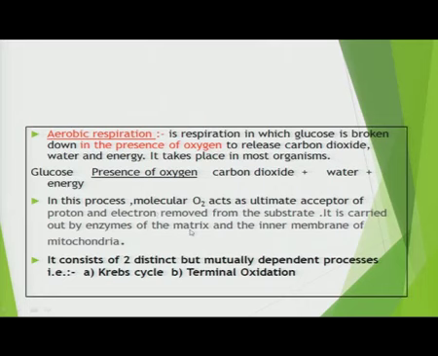In oxidative decarboxylation and glycolysis there is no involvement of oxygen, but in the Krebs cycle's terminal process, oxygen is used, which is the ultimate acceptor of the protons and electrons removed from the substrate. It is carried by enzymes of the matrix and those present in the inner membrane of the mitochondria. Aerobic respiration has two distinct processes, the Krebs cycle and terminal oxidation.